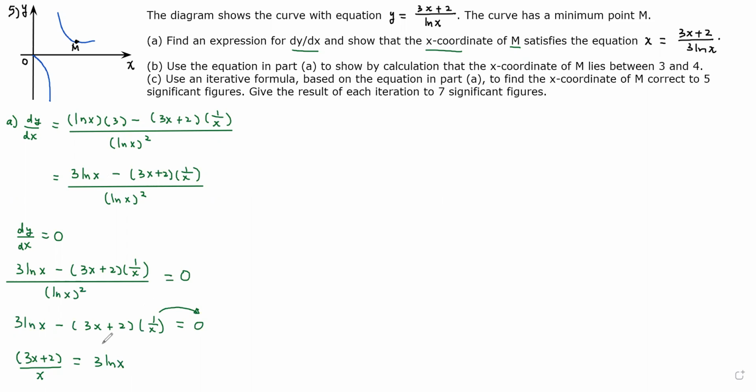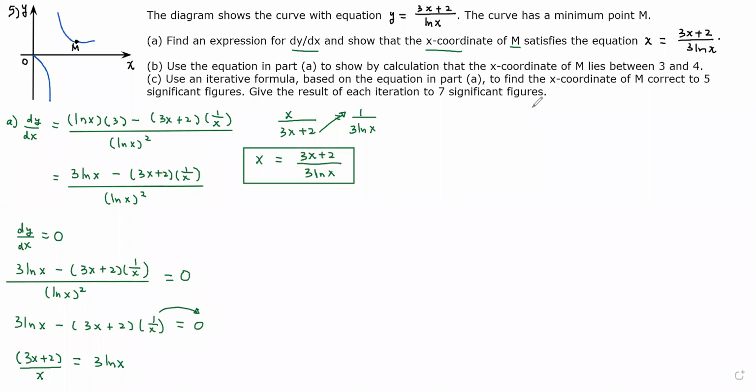Now flipping both sides, x over (3x plus 2) is 1 over 3 ln x. Multiplying that right across, we have x equals (3x plus 2) over 3 ln x. And that is what we are asked to show for part A.